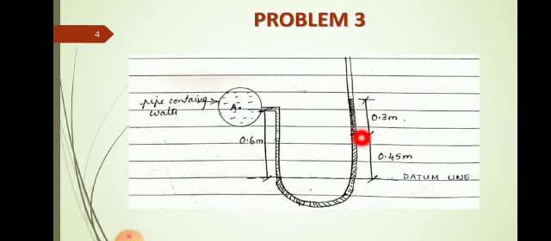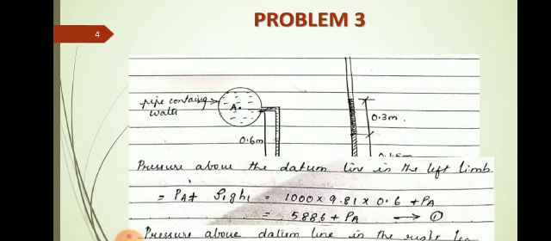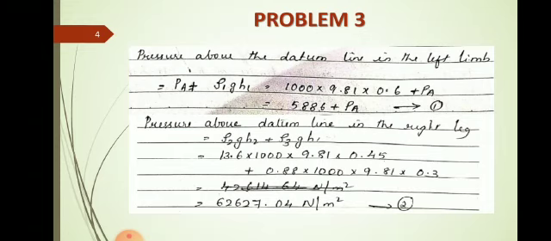These two pressures are acting above the datum line in the right limb. So the pressure above the datum line in the right leg will be equal to rho 2 g h2 plus rho 3 g h3. So 3 is not visible here, it is h3. Here I have designated suffix 1 for water, suffix 2 for mercury, and suffix 3 for benzene.